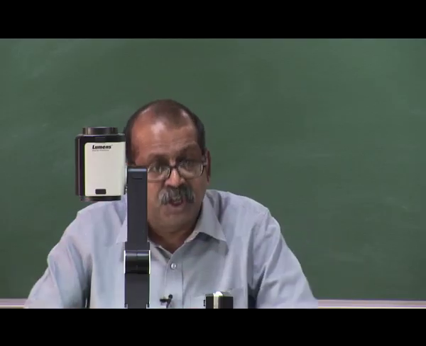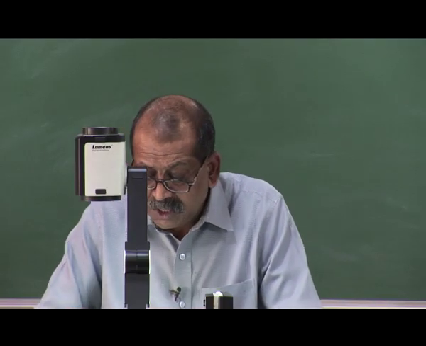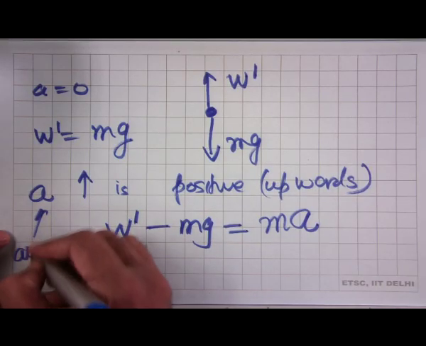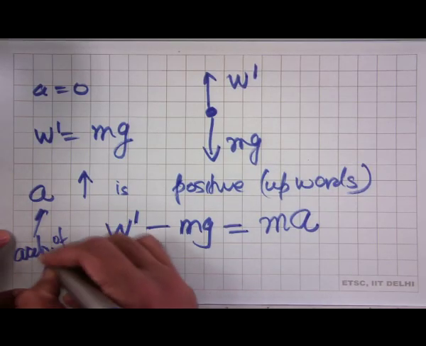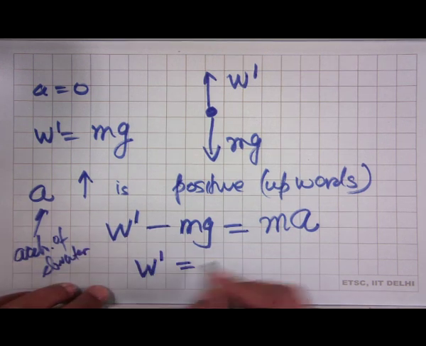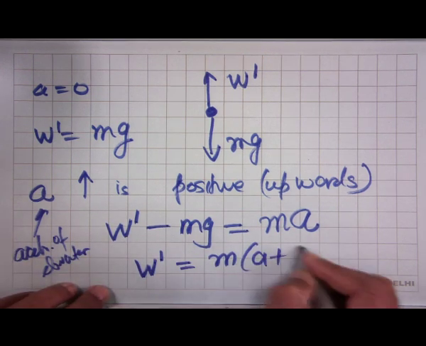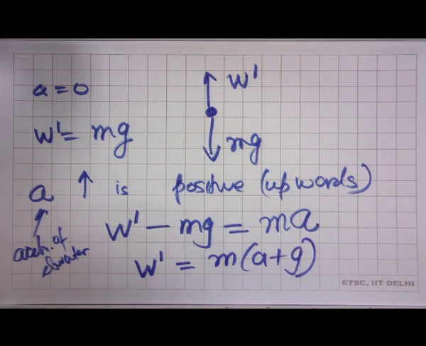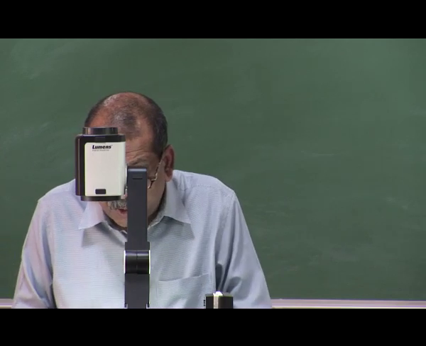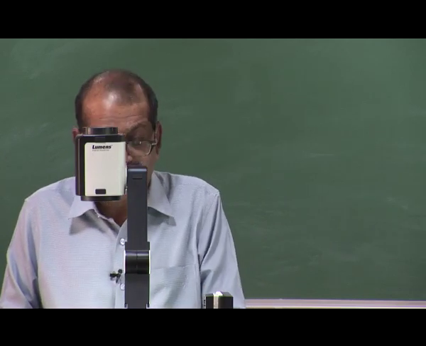Person is at rest with respect to the elevator, but since the elevator is moving up, this acceleration is the acceleration of the elevator. So, what we get is W prime is equal to m times (a plus g).